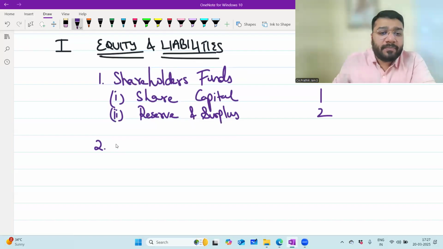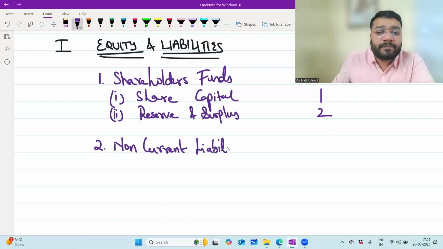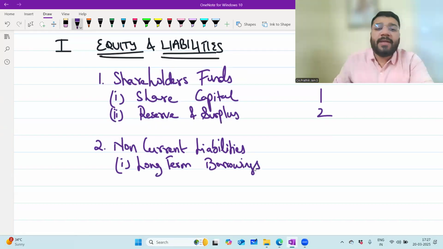Then next is non-current liabilities. Under that, the first item is long-term borrowing. Do I need any note for that?